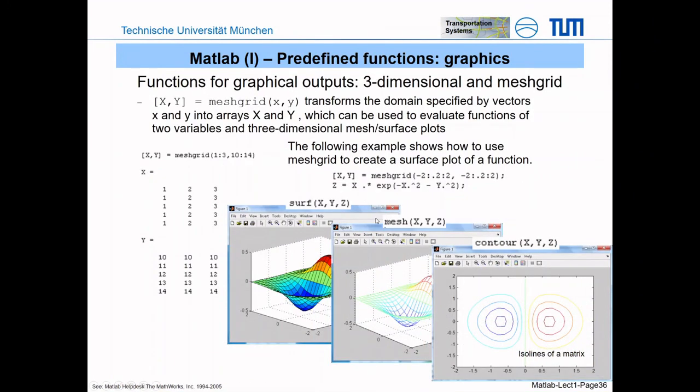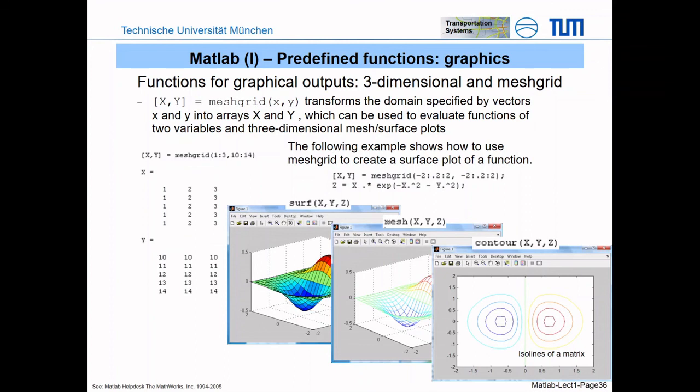So, and with this, you can also create different outputs. For example, a mesh grid, surface mesh or contour plot, or a color plot. So you have a lot of possibilities of three-dimensional outputs. Here you see them in different styles.